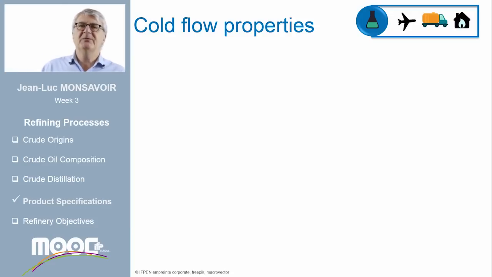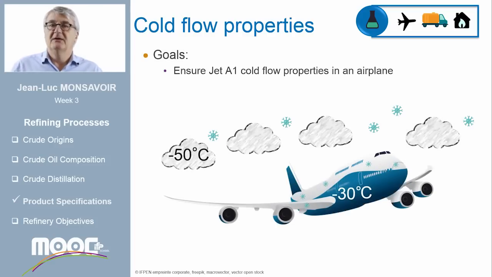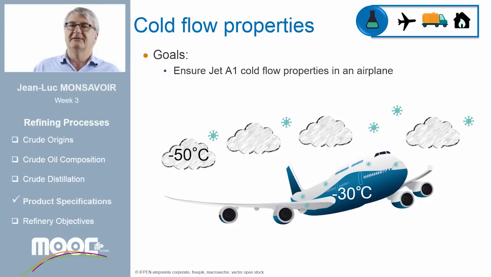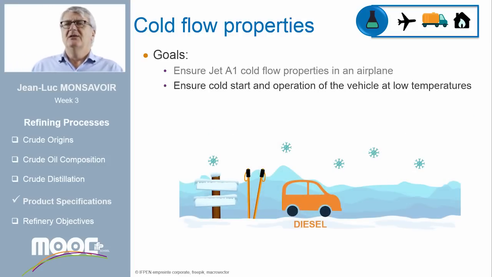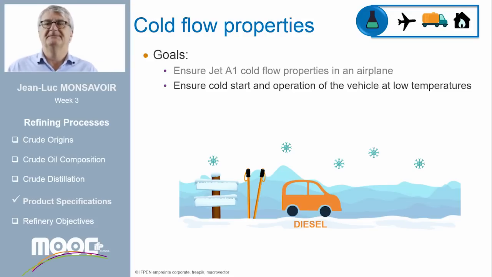The last specification we will discuss together is the cold flow behavior of petroleum products. For instance, in an airplane, the outside temperature is around minus 50 degrees C during the flight, while Jet A1 must stay completely liquid under these severe conditions. Another example, to ensure cold start and operation of a diesel vehicle at low temperature, it is crucial to master the behavior of diesel fuel at low temperatures.